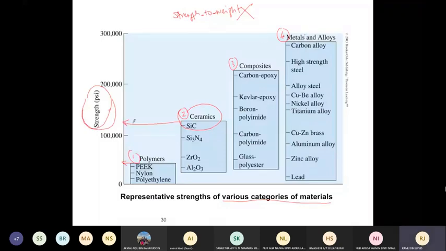So what is the meaning of strength to weight ratio? Strength to weight ratio is the strength divided by the density of that material.